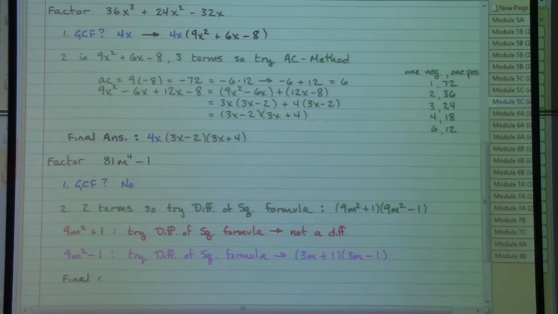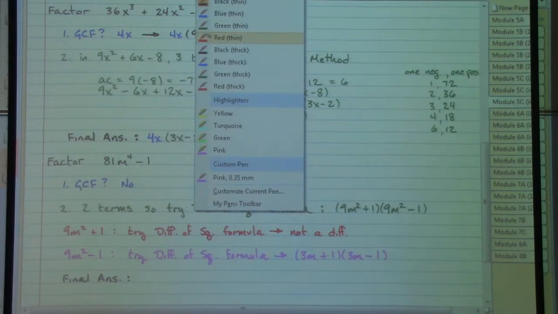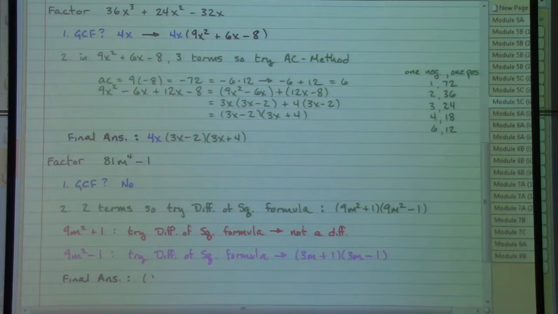ends up being what we need to create our final answer. Since we can't do anything more with the 9m squared plus 1, that is part of our final answer. Our comments in pink allowed us to come up with the 3m plus 1 and the 3m minus 1.